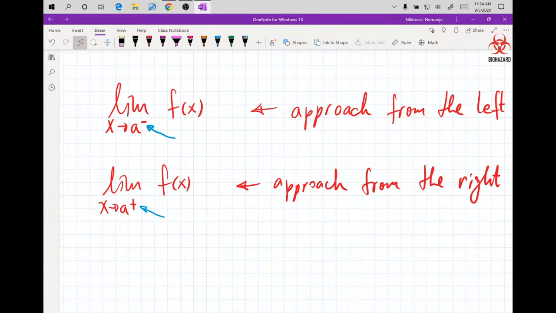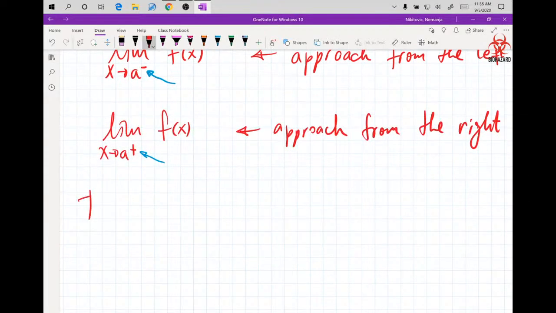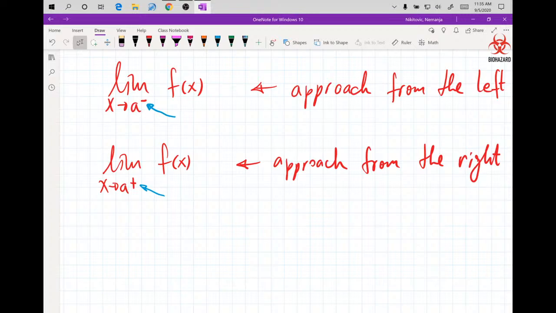Now we get the first theorem of our course. Okay, before we do the theorem, here comes a very cool question. If I write without minus and plus, then that's both approaches at the same time. And that approach breaks down into 2 of these, which the theorem that I wanted to write addresses.